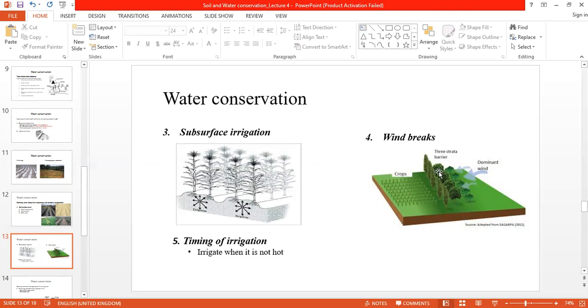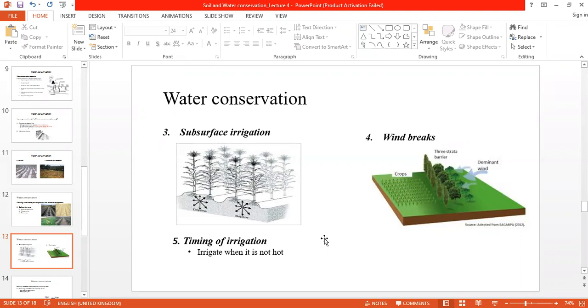So we plant these trees so that they don't remove the vapor from the atmosphere here, meaning this place will remain with vapor, and the evaporation from the soil will reduce. That's why windbreaks are able to conserve water, because you have less evaporation.